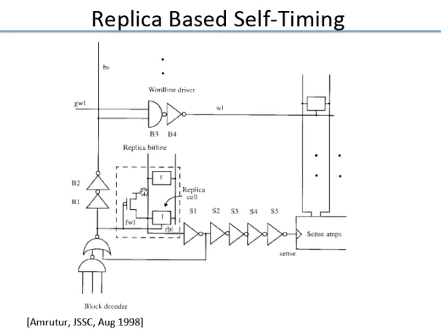What is also being done is that the timing is generated using a replica of the memory cell, because you want to generate a timing such that the required voltage develops. That voltage is determined by the cell current of the memory cell. So somehow you need to incorporate that. How do you know you want to generate a timing such that you have that much voltage developed on the bit line, when that is determined by the memory cell?